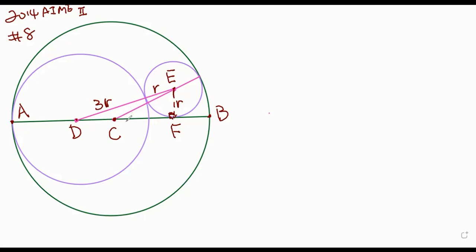Triangle DEF is a right triangle, so we can calculate the trigonometric value of this angle EDF. Let me say this is angle alpha. Because EF is R and the hypotenuse DE is 3R plus R.